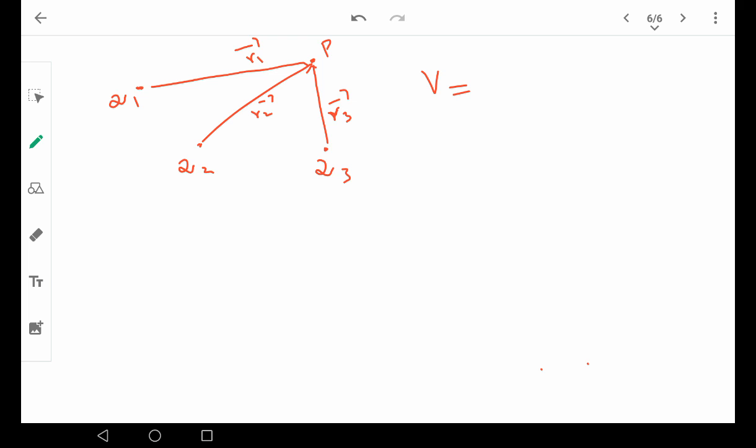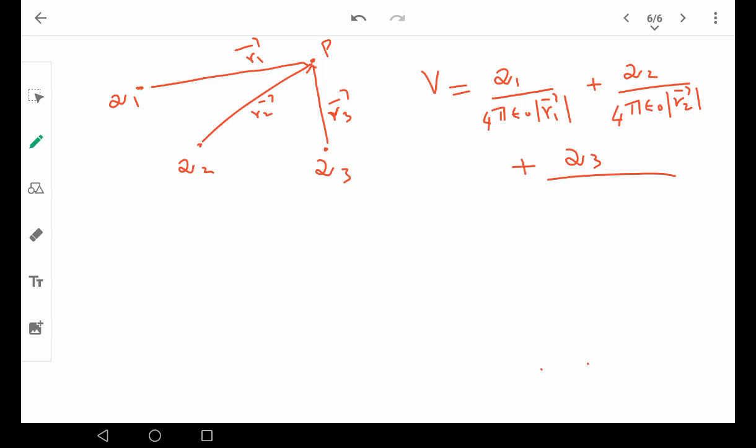So you can write the potential at point P, V, as Q1 by 4 pi epsilon 0 R1 plus Q2 by 4 pi epsilon 0 R2 plus Q3 by 4 pi epsilon 0 R3.